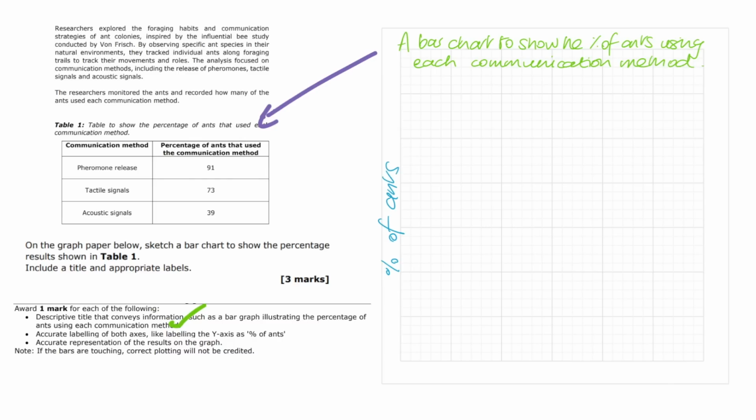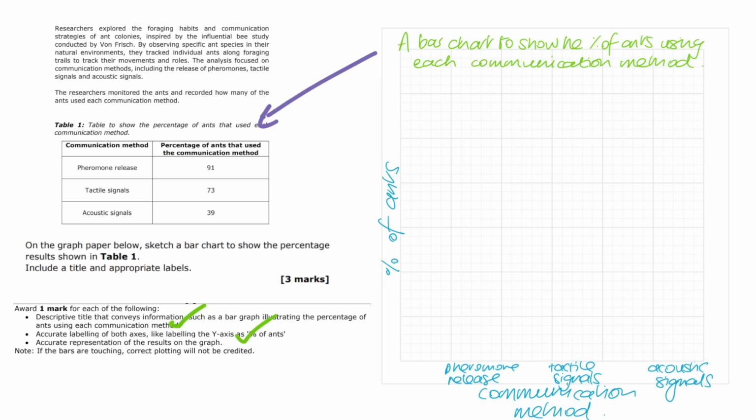Pheromone release, tactile signals, and acoustic signals. The final stage is then to plot the results on the graph, ensuring accurate representation of the data. Remember again that this is a bar chart, and so the bars should not be touching.